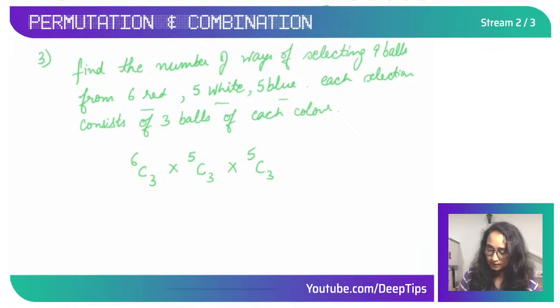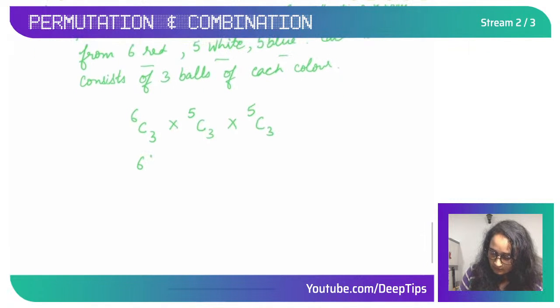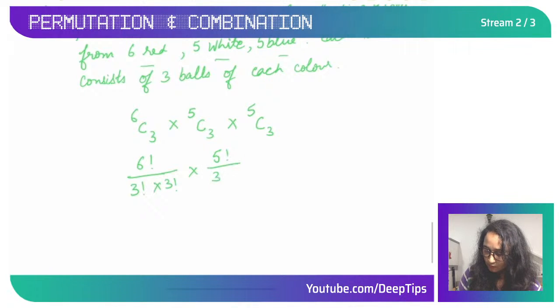So 6C3, how do we do? 6 factorial upon 6 minus 3 is 3 factorial into 3 factorial, and then 5 factorial upon 3 factorial into 2 factorial, then again 5 factorial upon 3 factorial into 2 factorial, right?